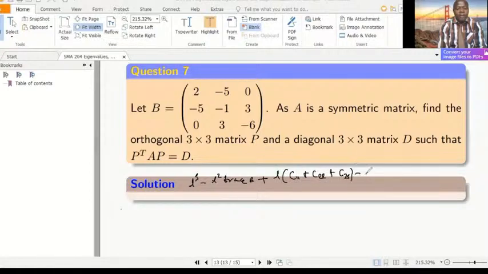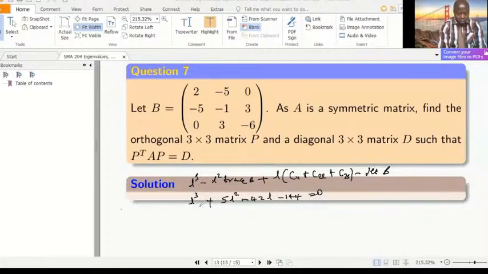Then minus the determinant of B. Now, when you do that, what you then get is lambda cubed plus 5 lambda squared, you do it in your own time and see that you get the same thing, minus 42 lambda, then minus 144, equal to 0, and solve for lambda.